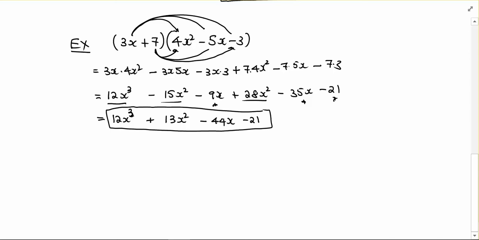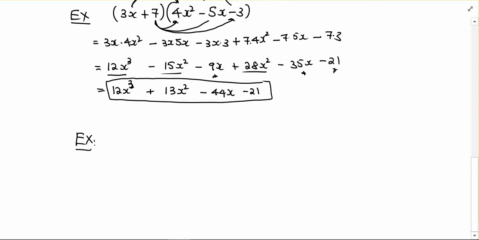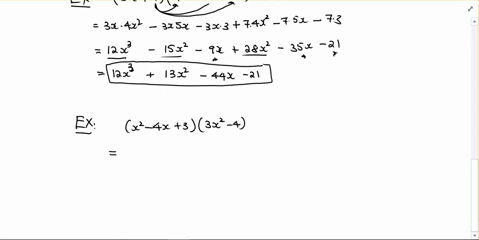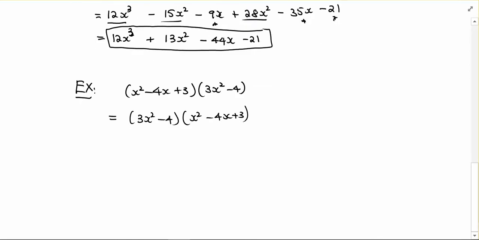Okay, let's do one more. So this time let's go x squared minus 4x plus 3 times 3x squared minus 4. If it seems awkward the way it's written, meaning if you prefer the binomial in front, there's nothing wrong in changing it. Remember, you can commute these, you can move them around, commutative property, because it's multiplication. So now let's distribute it.